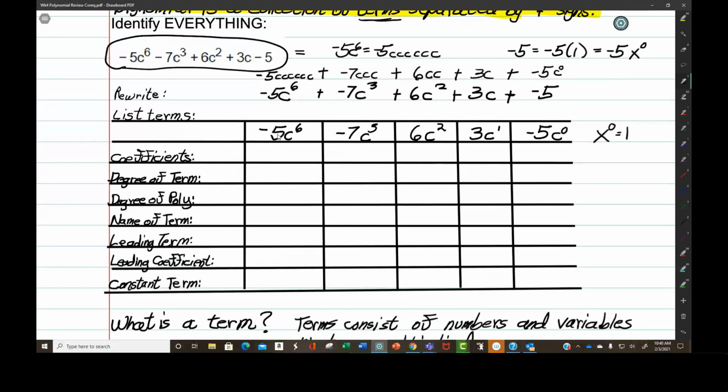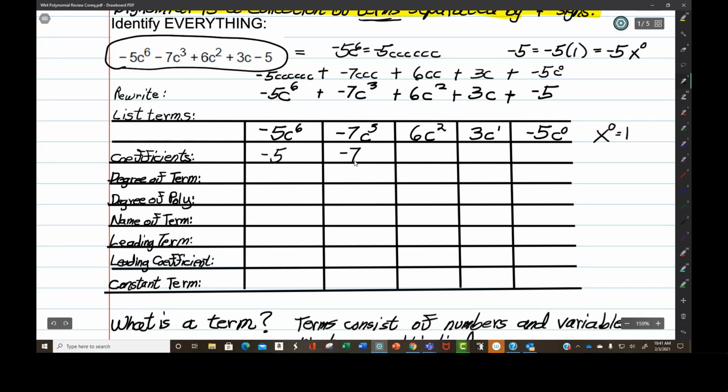The numbers that multiply the variables are called the coefficients, which is Latin for works together. That's why they're called coefficients. They work with the variables. So the coefficient of this term is negative 5. And the coefficient of this term is negative 7.